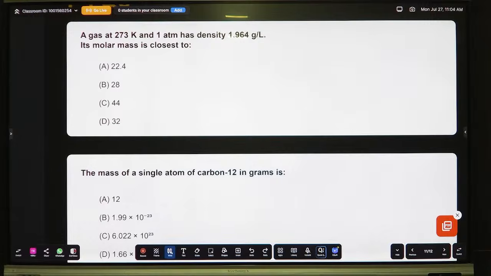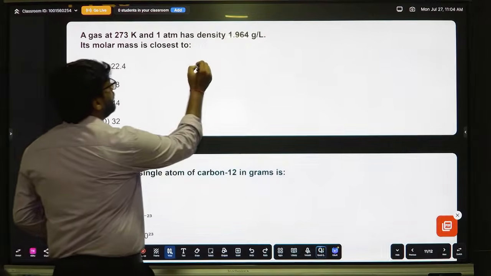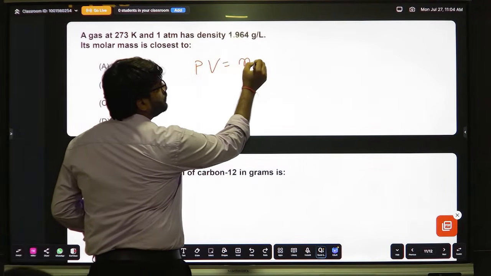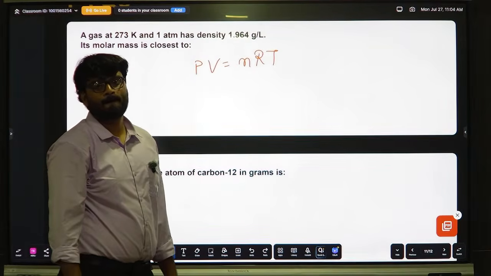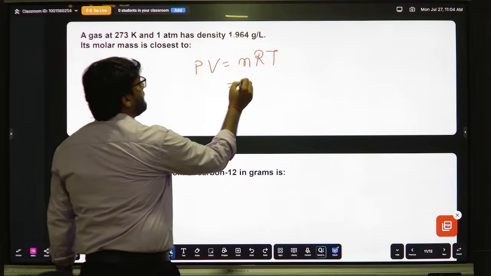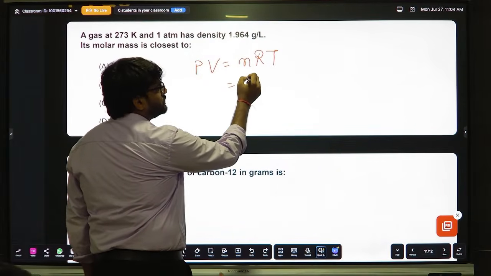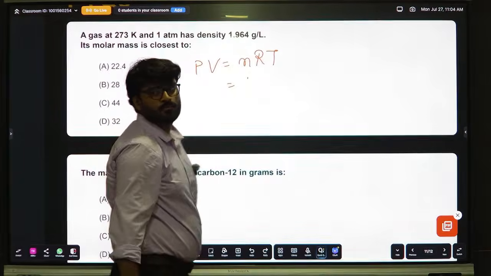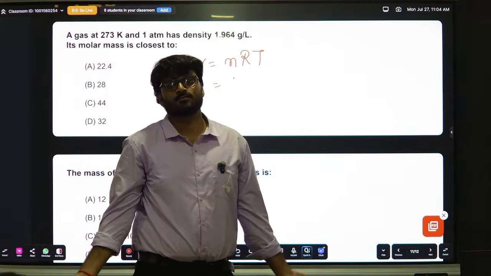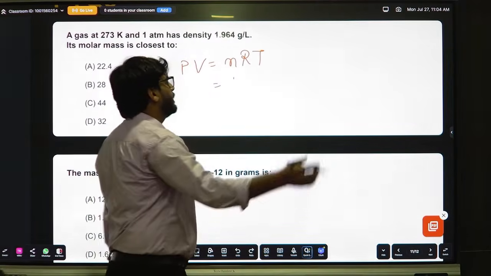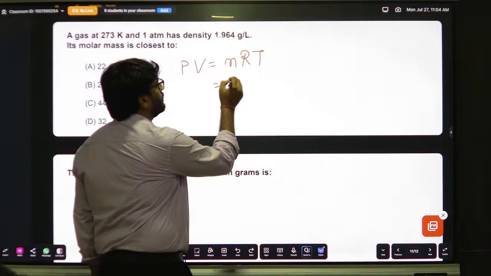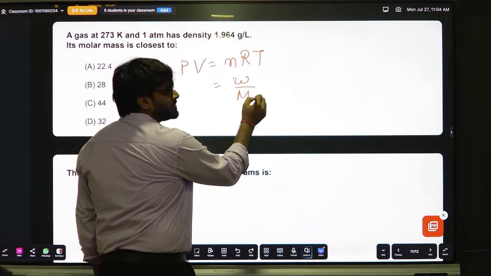PV equals nRT, and instead of number of moles, you have to write mass by molar mass. See, you know this equation, PV equals nRT, the ideal gas equation. Number of moles is equal to mass by molar mass.